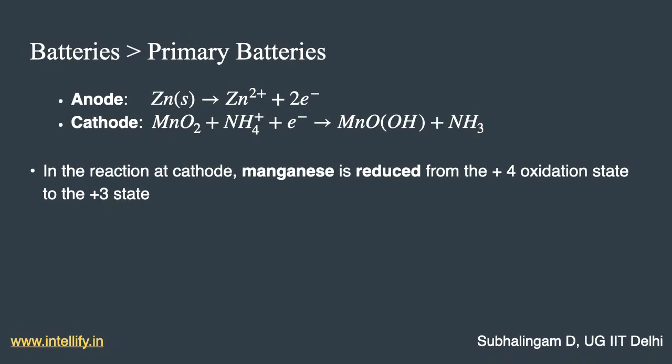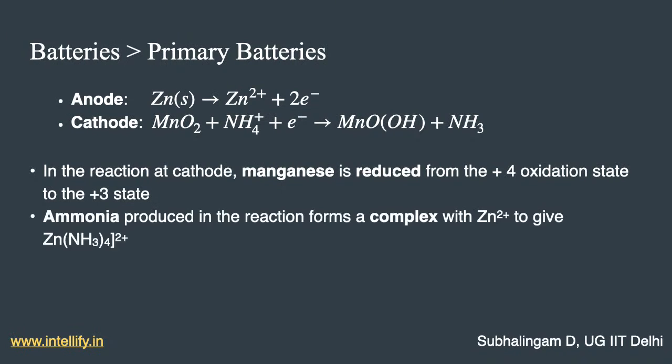Cathode is a site for reduction, so that's not violated even now. Ammonia produced in the reaction forms a complex with Zn2+ to give [Zn(NH3)4]2+. So this is a complex that is formed due to the production of ammonia. The cell has a potential of nearly 1.5 volts.